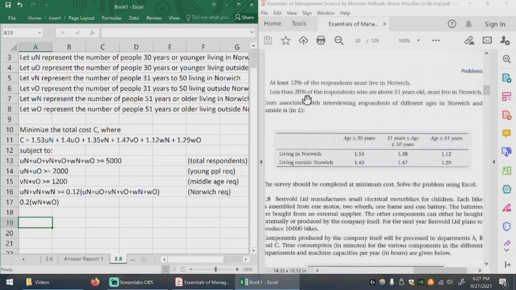Less than 20% of the old group of people must live in Norwich. Rephrase that: of the old people that live in Norwich, it has to be less than 20%.